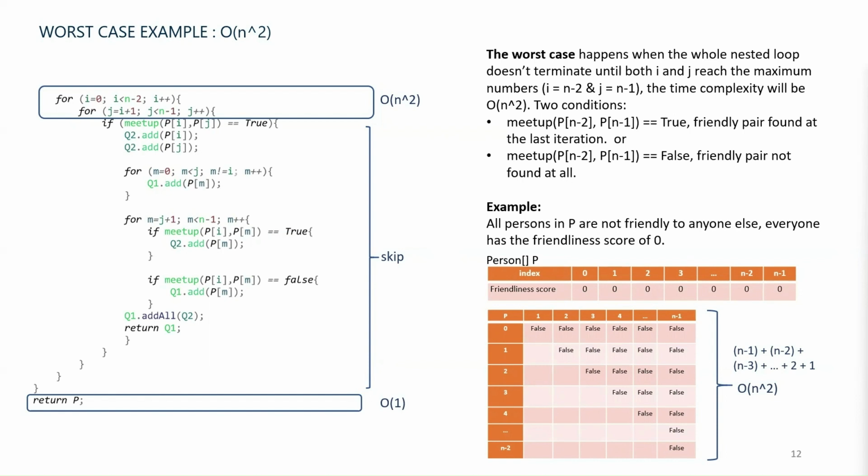One example I'm showing here is all persons in P are not friendly to anyone else. Everyone has a friendly score of 0. So in the person list P, everyone has score 0.